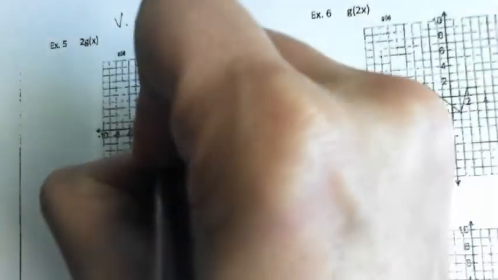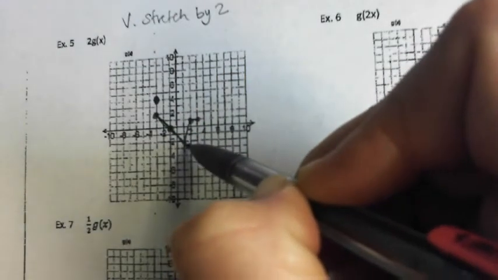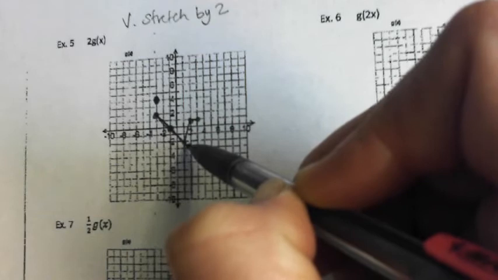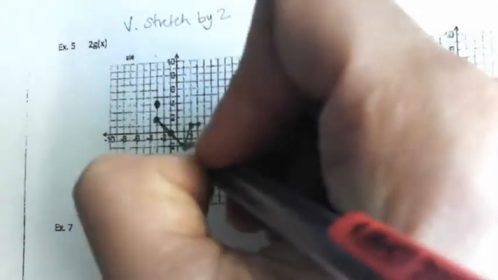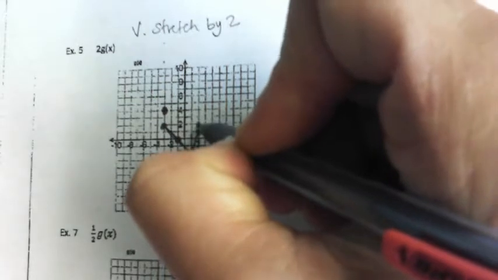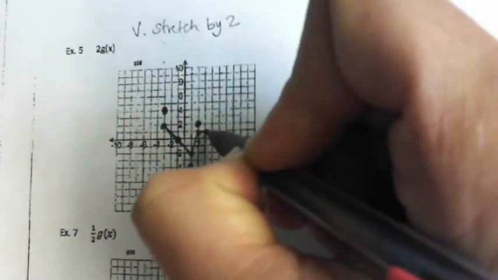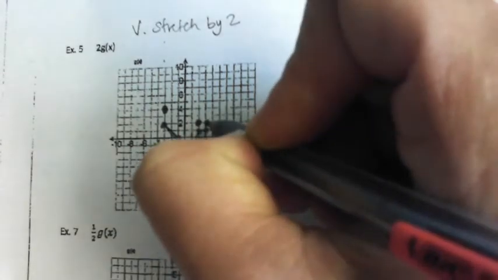So that's actually going to stay right on the x-axis. The next critical point is currently 2 units below the x-axis. Double that, it's now going to be 4 units below the x-axis. The next critical point is 1 unit above. Doubling 1 now puts it 2 units above. And the last point over here, 1 unit above, again doubling that puts it 2 units above.